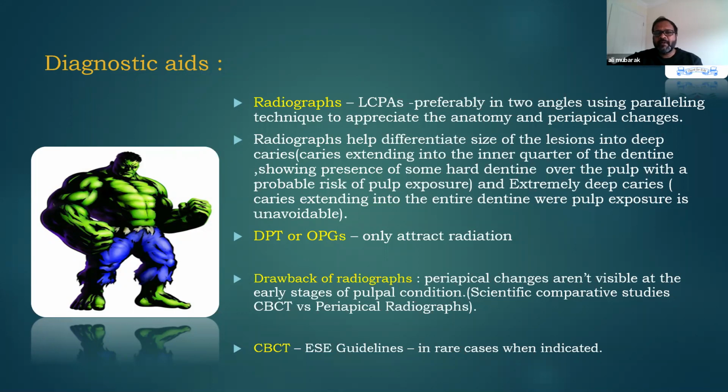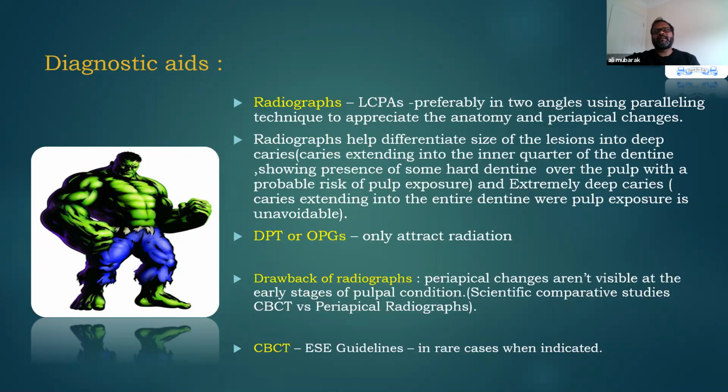They don't give you a specific picture of that tooth. Drawbacks of radiographs, they say the periapical changes aren't visible at an early stage of the pulpal condition. So that's one of the drawbacks. I think there were some comparative studies which showed that if you take CBCTs, you can see periapical changes at quite an early stage.